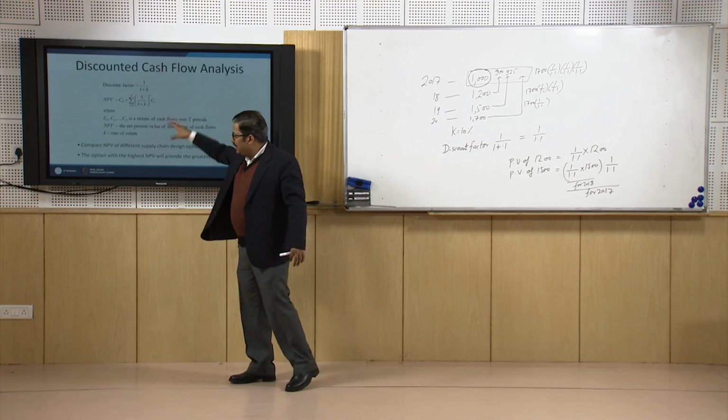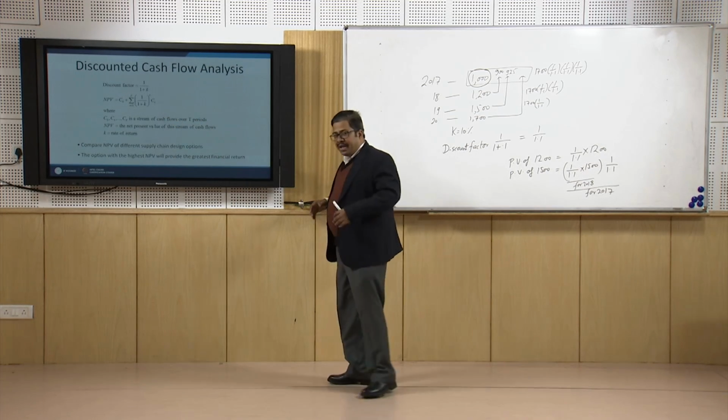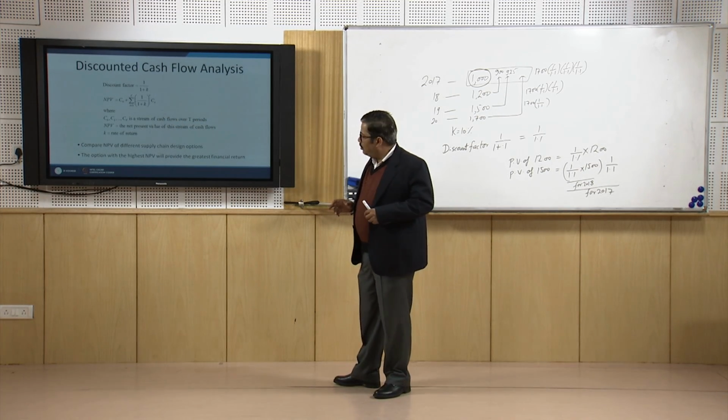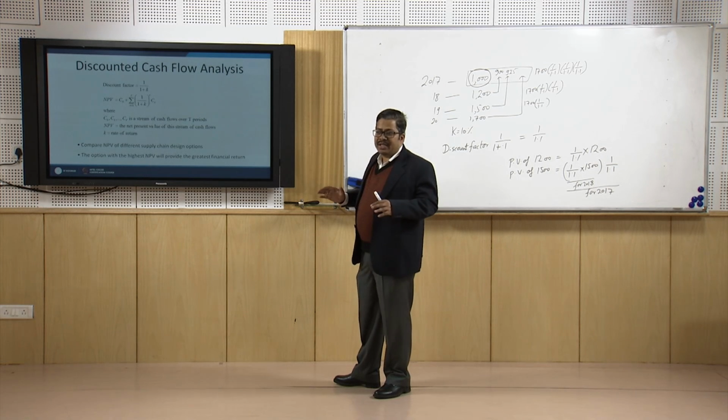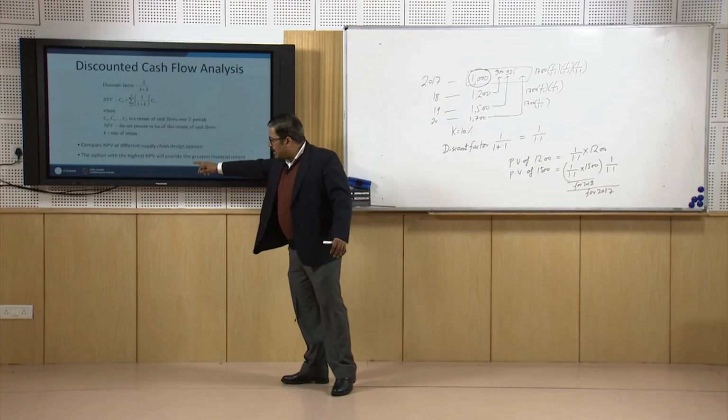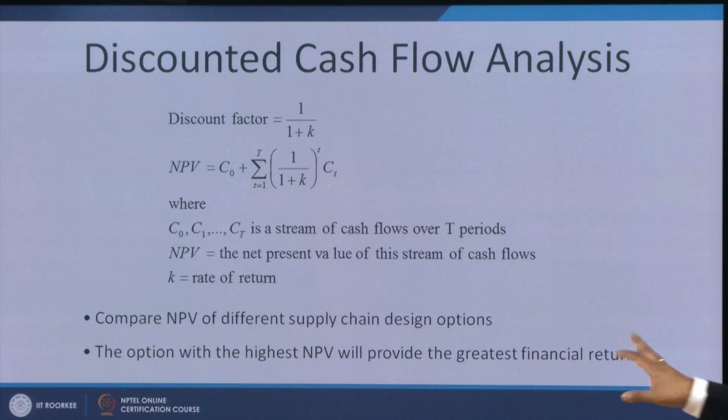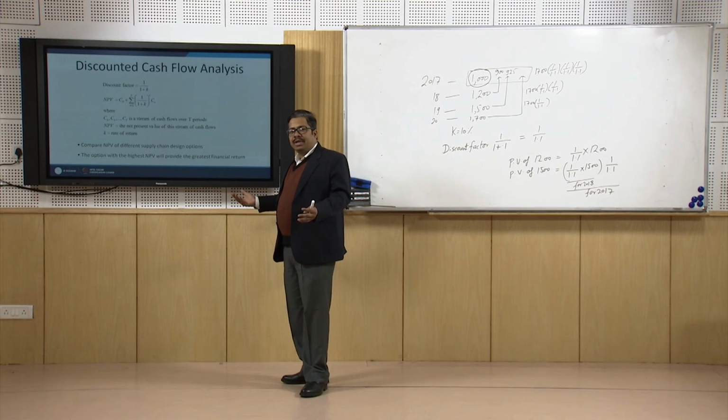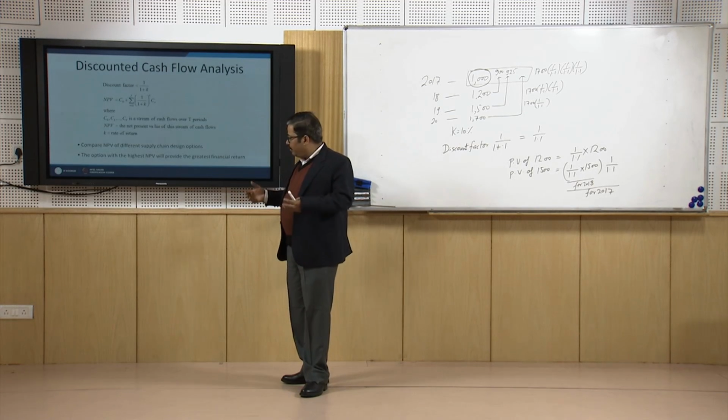With this formula we will compare the net present value of different supply chain design options, and the option with the highest NPV will provide the greatest financial return. So that will become the choice for us.